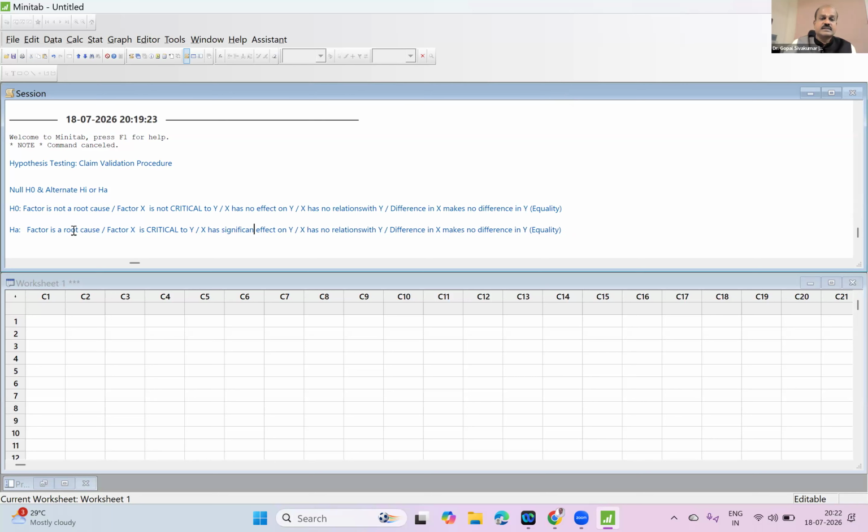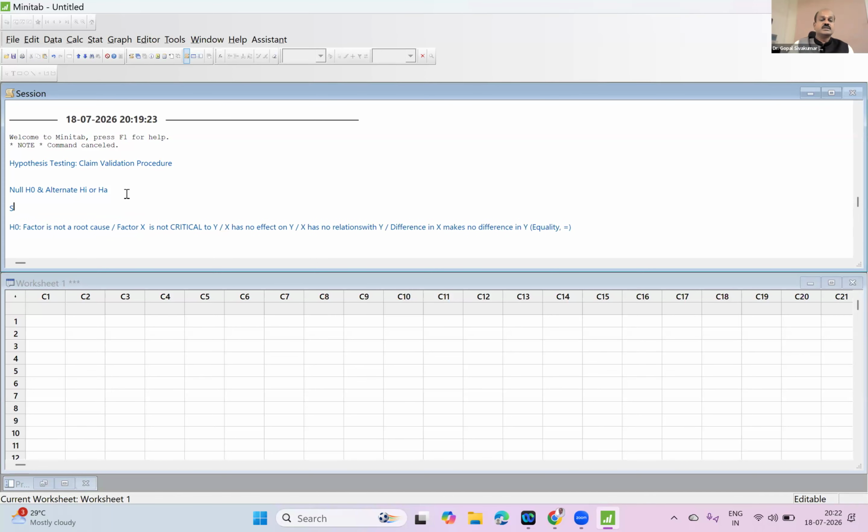X has significant effect on Y. X has significant relationship with Y. Difference in X makes significant difference in Y. That means statement of inequality. Inequality means you will have either a greater than or less than symbol. Equality means mathematically it will have an equal symbol. So this is your hypothesis testing step number 1.